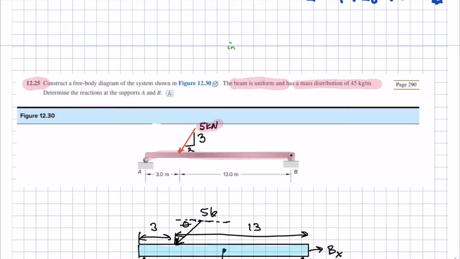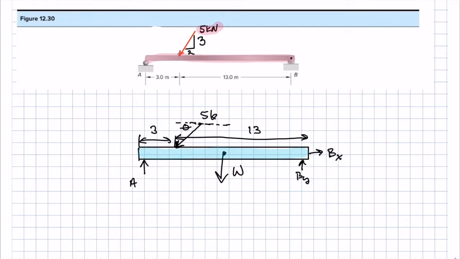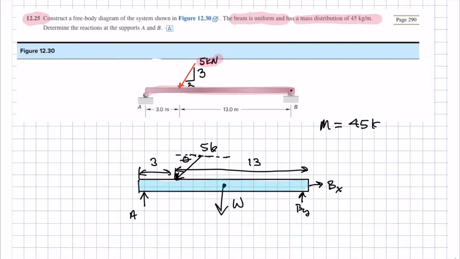If you know the length and they give you the mass per length, you can figure out the total mass of the beam. So the mass of the beam, we'll call that cap M, is going to be 45 kilograms per meter, and the beam is 16 meters long.